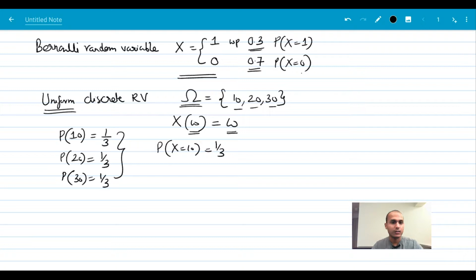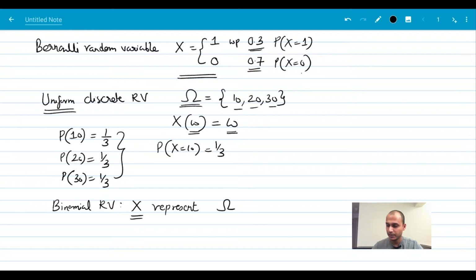Let's also look at the binomial random variable. Before I tell you what the random variable itself represents, it's a function, right? So let me first define the sample space.